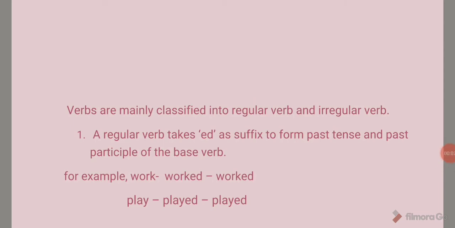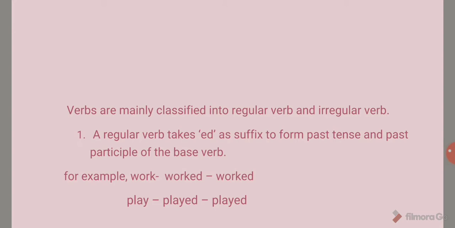Verbs are mainly classified into two types, that is regular verb and irregular verb. Regular verbs are verbs that take ed as a suffix when they change from the base form of the verb to the past tense and past participle.